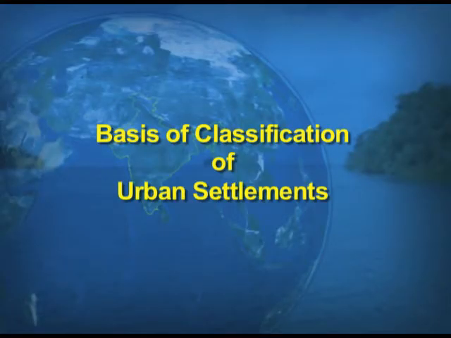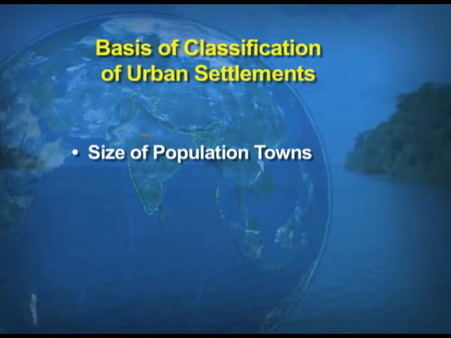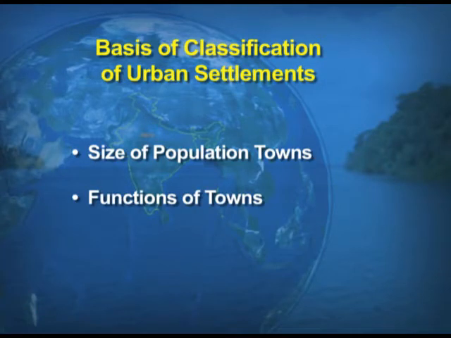Now, we talk about the different bases of classification of urban settlements. There are two bases. One, the size of urban towns, and number two, the functions of the towns, because cities are known by either the size or the function they are important for.